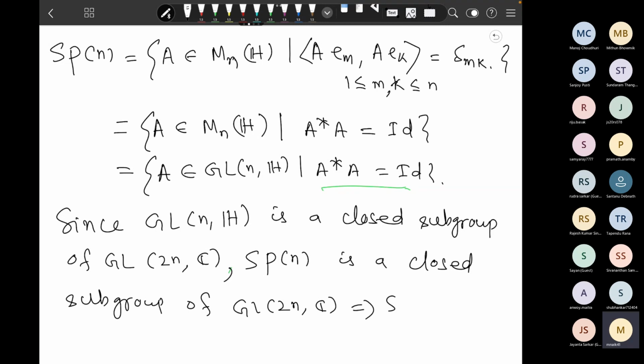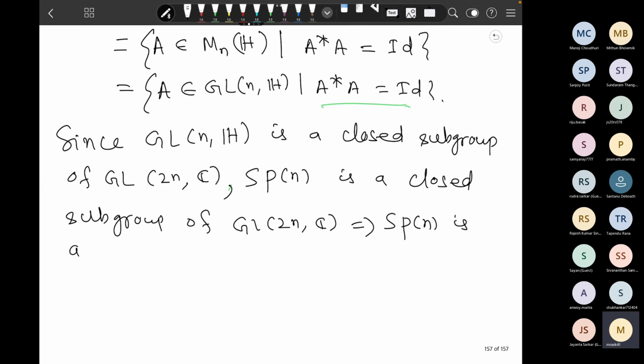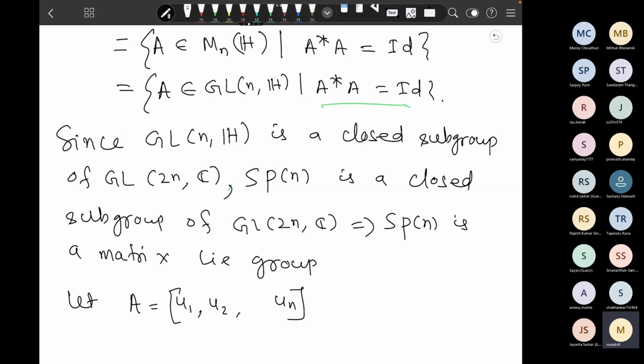This implies Sp(n) is a matrix Lie group. In fact, it is a pseudo-algebraic group. Now let us say that A is equal to (u_1, u_2, ..., u_n), which belongs to M_n(H).